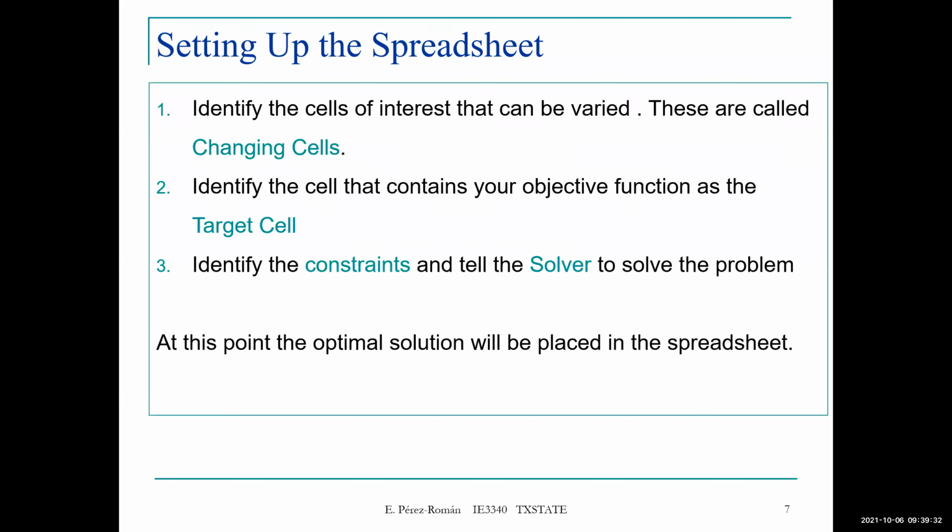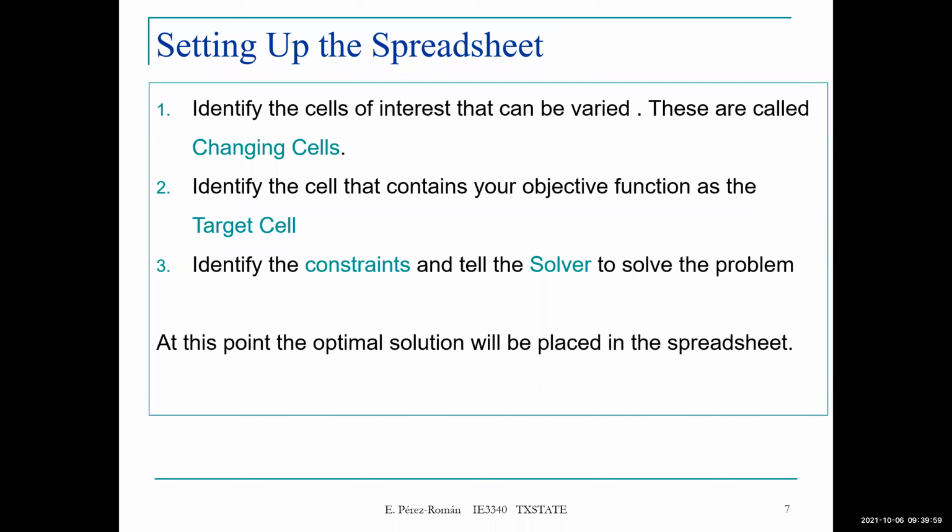So let's set up the spreadsheet. We want to identify the cells of interest that can be varied. These are called the changing cells. So the changing cells are going to be our decision variables. Those are the cells that are going to be changing values. And at the end, we're going to have a solution that is going to tell us this is the best you can do with the constraints that are available.